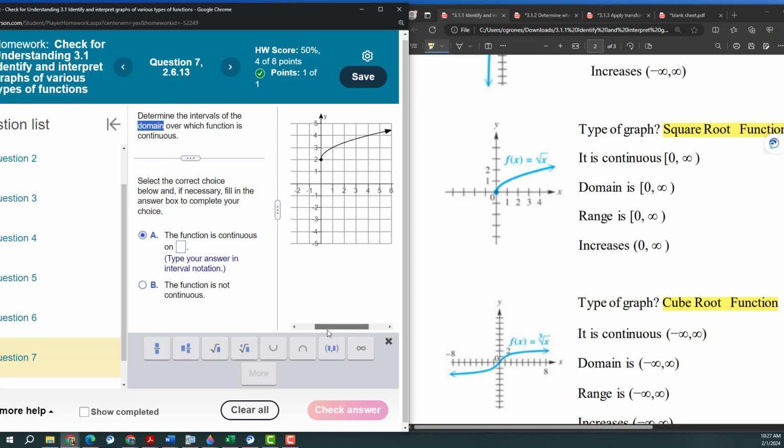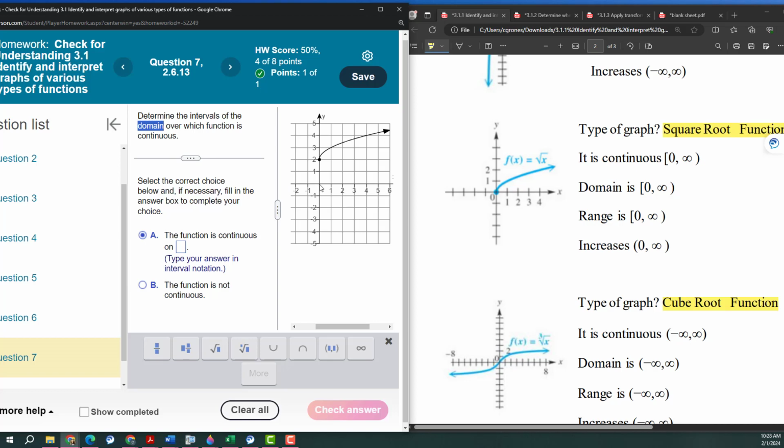So this does look like our graph that we have in our notes, but the graph that we have in our notes is coming from 0 and on. This graph is at 2, so it starts at the point (0, 2) and then goes on. So it is continuous, and don't let this confuse you. They are asking about the domain, so we're still looking at our x.